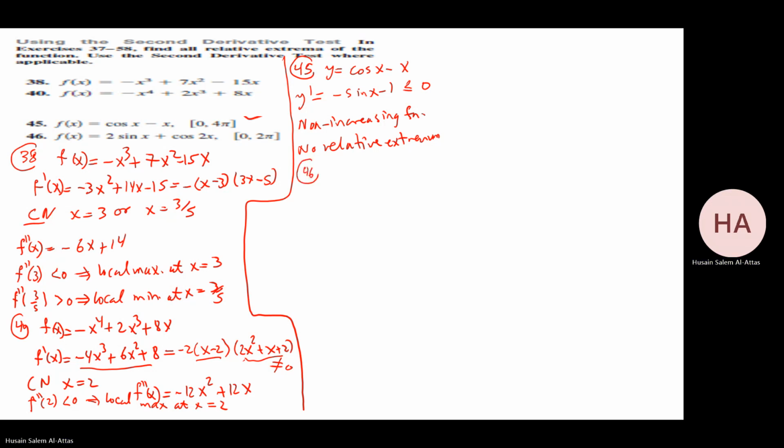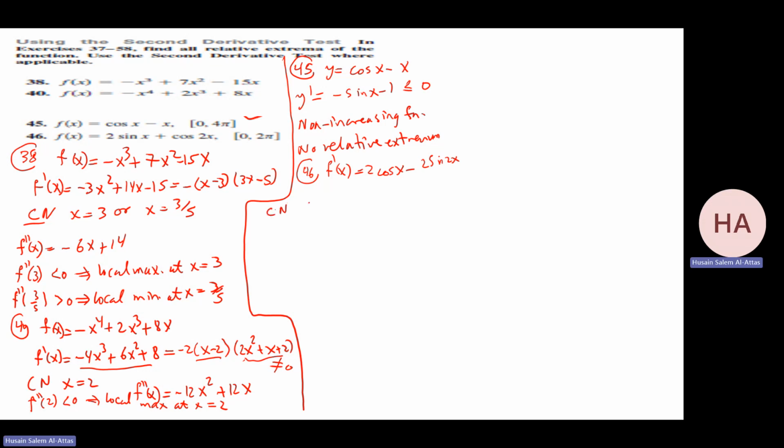46. Hopefully, I will not get complicated problems. I will check f prime. f prime will be what? 2 cosine x minus 2 sine 2x.